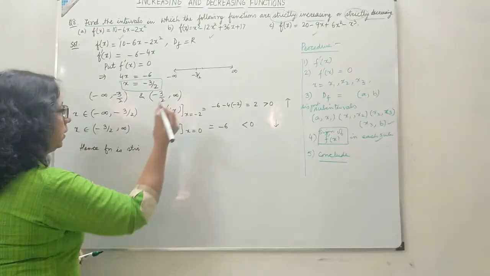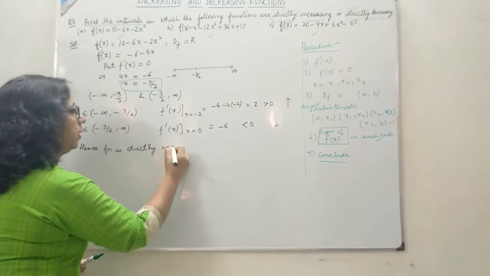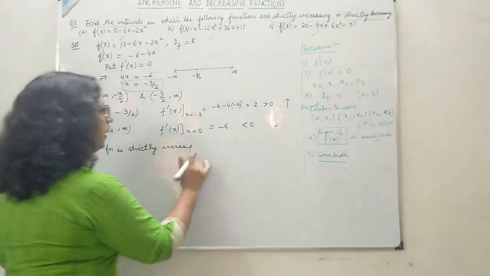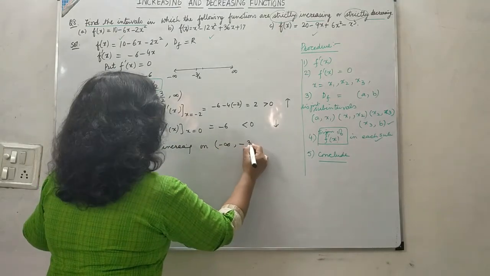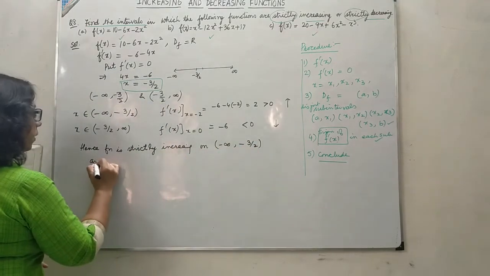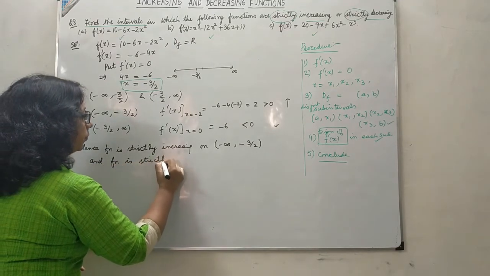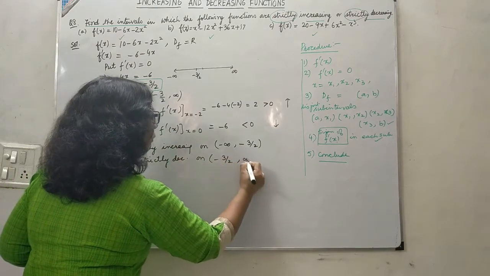If the question is given as strictly increasing, then we will be taking the open intervals. The function is strictly increasing on minus infinity to minus 3 by 2 and strictly decreasing on minus 3 by 2 to infinity.